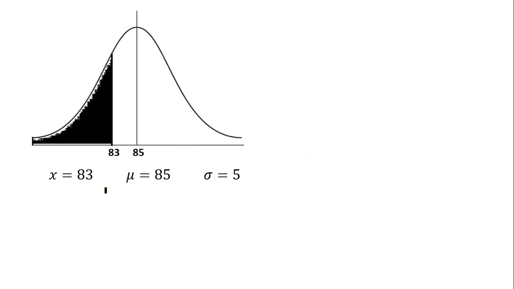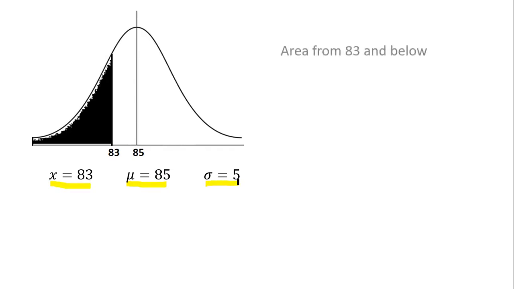Another scenario here, our graph tells us that we are asked to determine the probability of those who got 83 and below. So coming from 83, going to the left, kaya 83 and below. So this is our x, 83. Again, our mean is 85, and the standard deviation is 5.